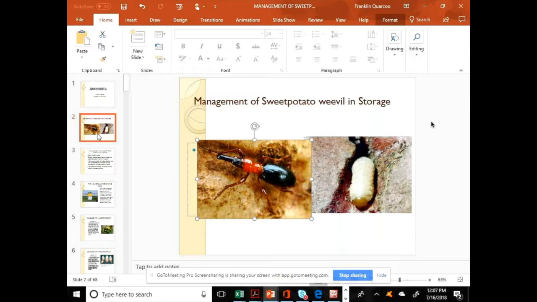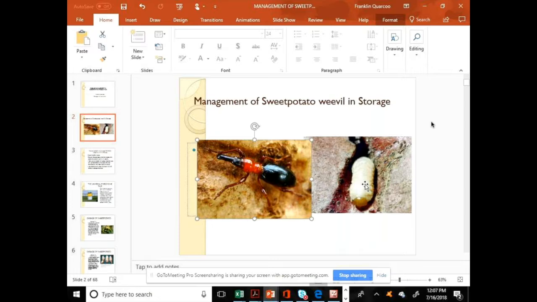It can cause damage all the way from maybe 20% to 80, 90% damage. Problem with this weevil, the larvae or the worms that you see in here, it's tunneling into the tuber or the root, causing all kinds of problems.